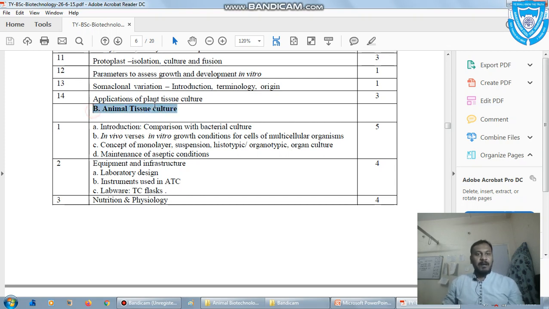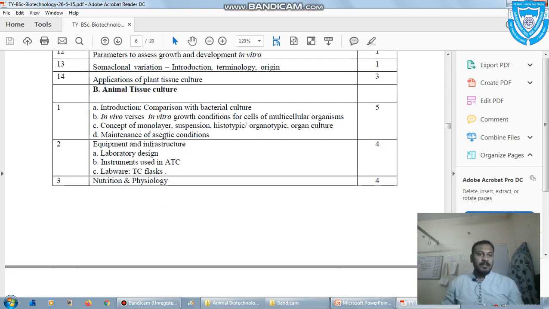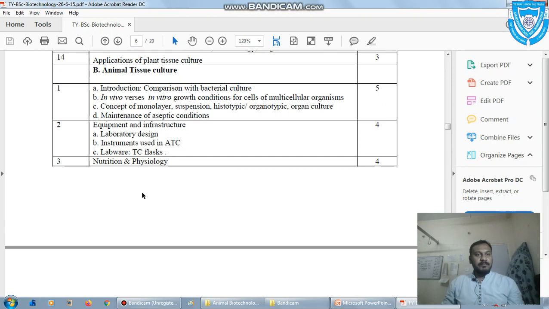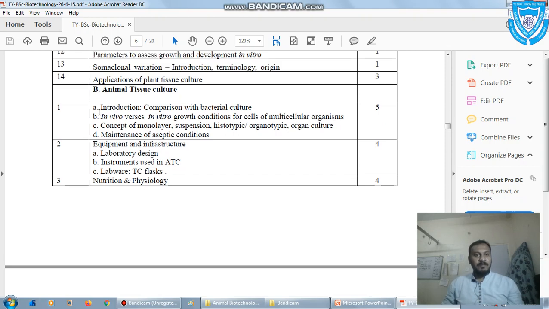This is the B part of our tissue culture syllabus, and in the first module, there are about 8 modules that we are going to learn. Within those 8 modules, the first module is introduction, comparison with the bacterial culture. Animal tissue culture is a completely different kind of culture system.